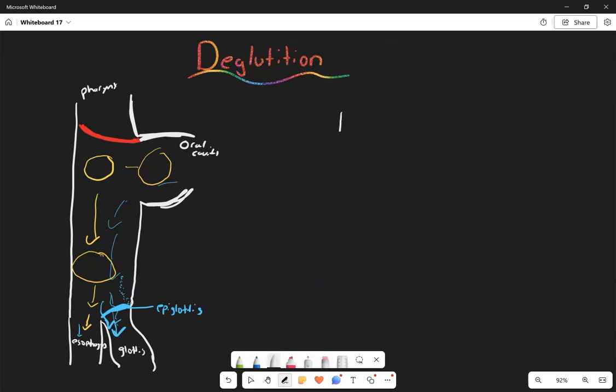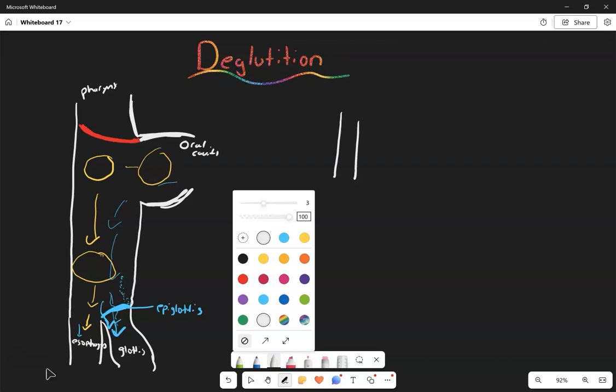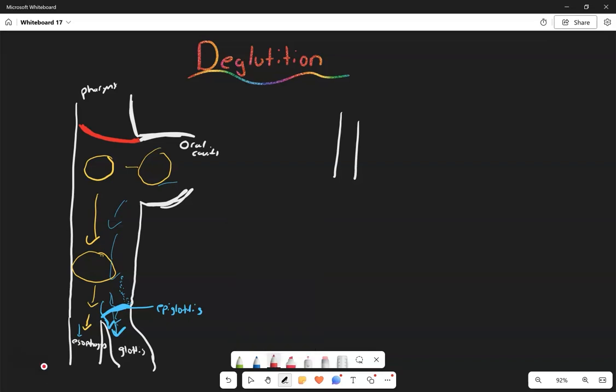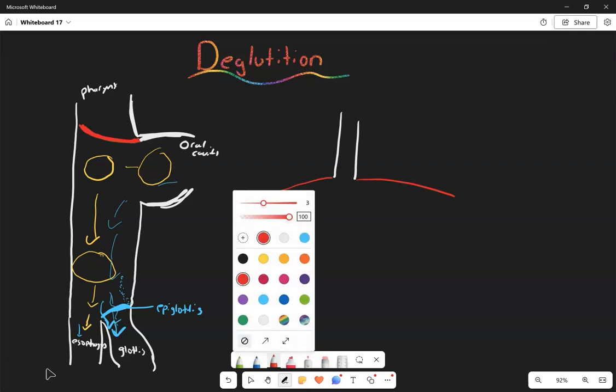Now, if we follow the esophagus down, right, the esophagus is going to pass through the diaphragm. So we'll draw our diaphragm here, and it is going to meet up with the stomach. Right? And so we'll draw the big stomach here like this. Right?